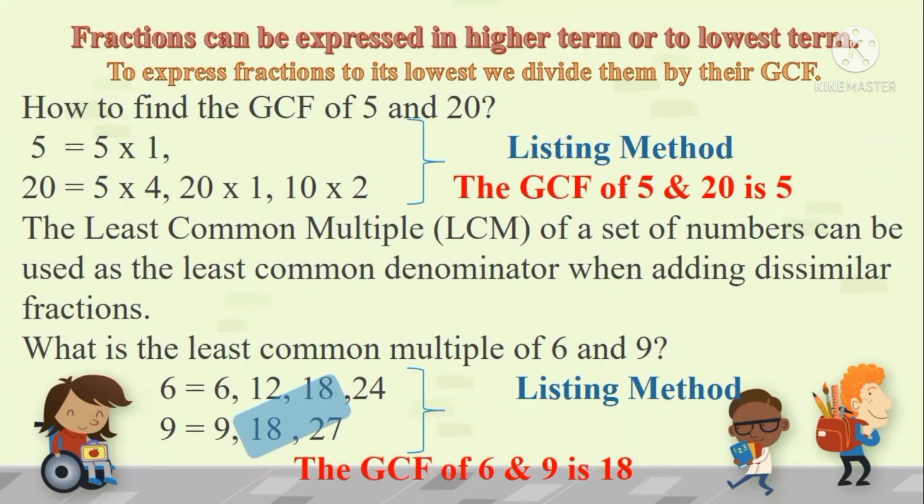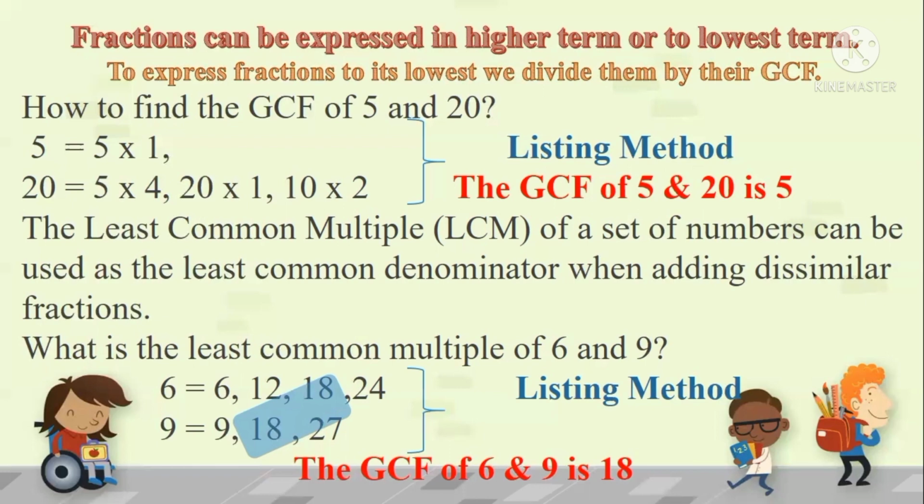And next for 20. 20 has several sets of factors. We have 5 times 4. We have 20 times 1. We have 10 times 2. So those are the factors of 20.